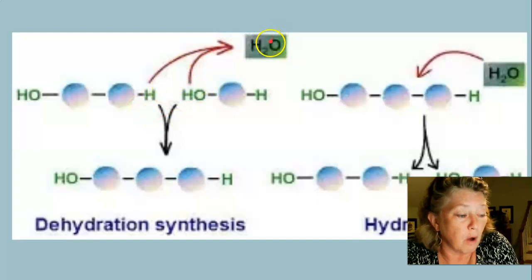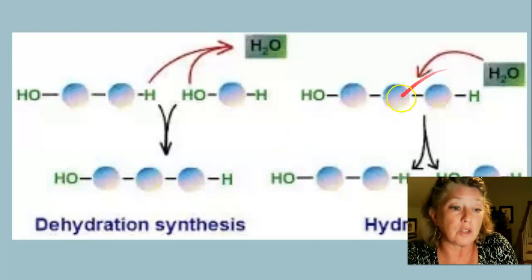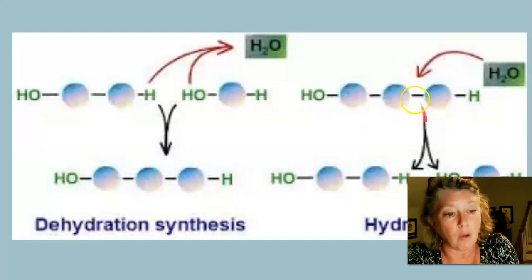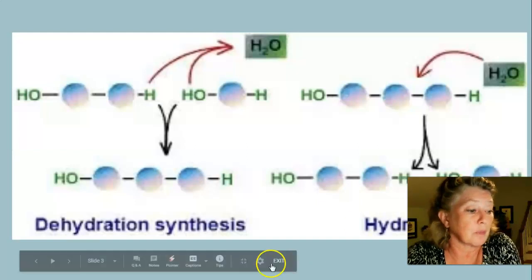They join to become water, and then you have bonded your monomers into polymers. And then this is, of course, the exact opposite. Here I have the three monomers all together to make the polymer, and I add a water in. The hydrogen ion goes to one side, the hydroxide goes to the other side, and I am splitting it into two molecules.